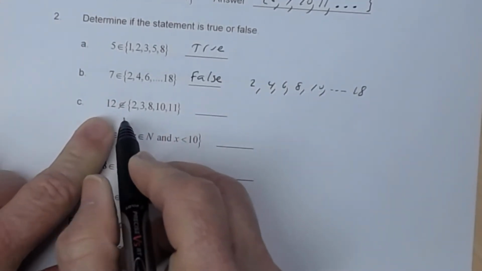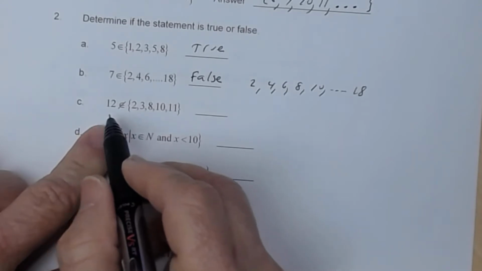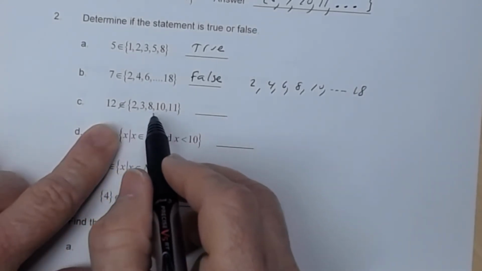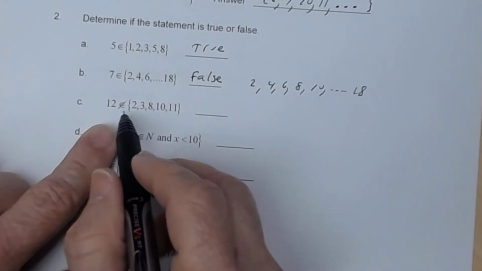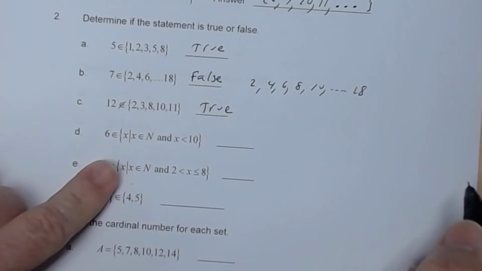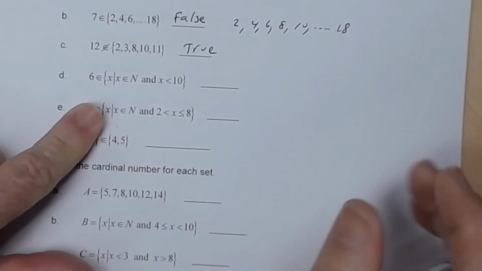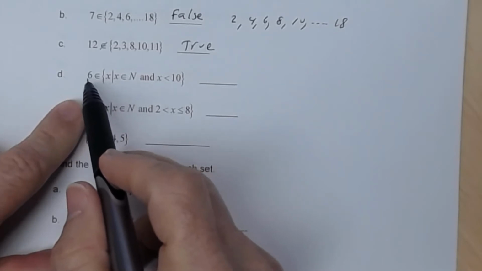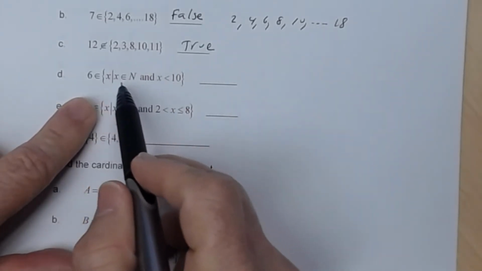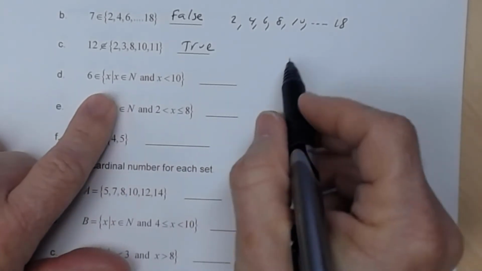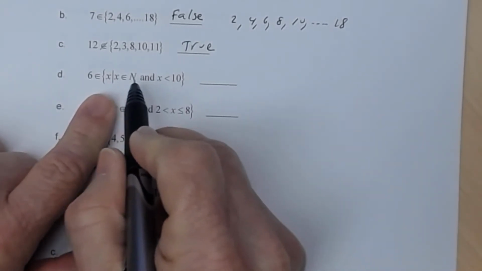Part C, you're told 12 is not an element of this set, and that's true. That's a true statement. 12 is not an element of this set, so that's true. In letter D, you're told, true or false, is 6 an element of this set? It's a good idea sometimes to write this in roster notation.